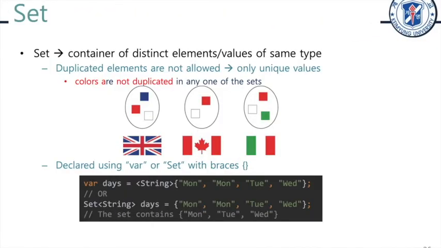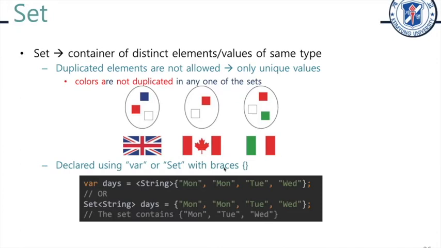Another type of variable that we can use is set. The difference between list and set is that in a set we can only store unique values. We cannot store duplicated values in a set.